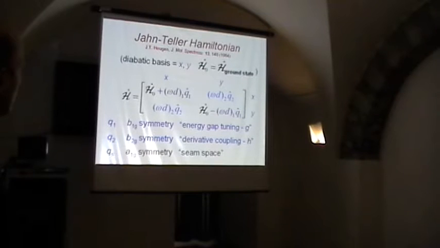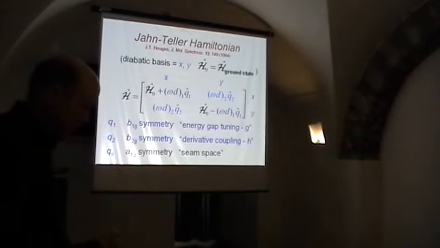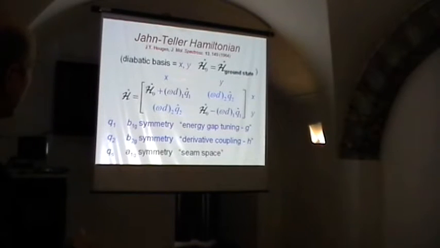And so I just want to put the Hamiltonian that we'll have to use for these into a form that's simple. In this case, everything is dictated by symmetry. B1G symmetry, rectangular deformation vibrations will cause energy gap tuning.